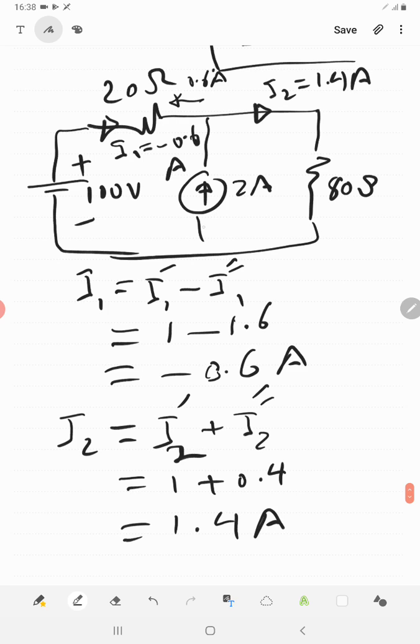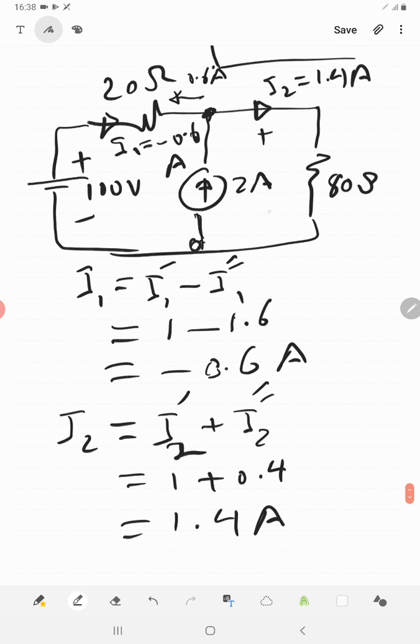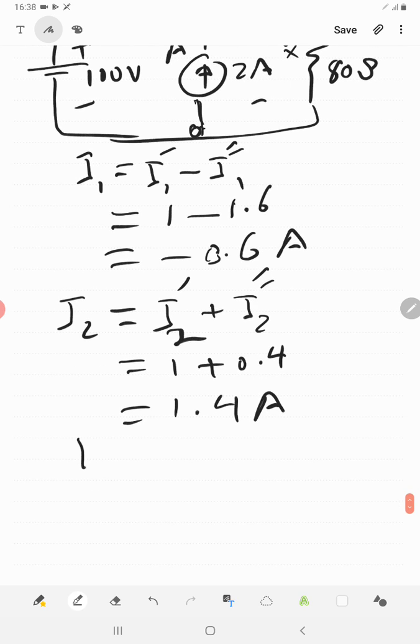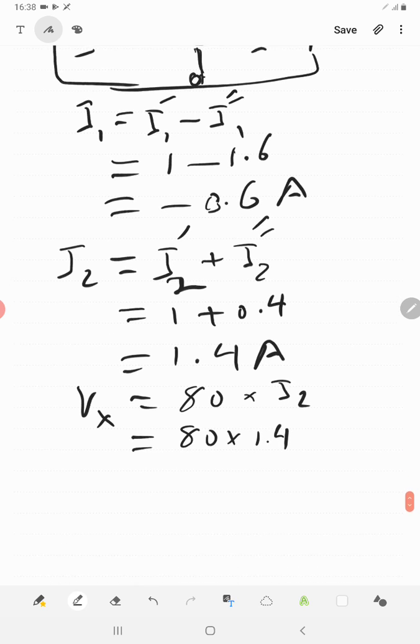Now, to calculate the power supplied by the voltage source, we need this voltage, say, Vx. So what is Vx? Vx is equal to 80 times I2. So it will be 80 times 1.4, okay?